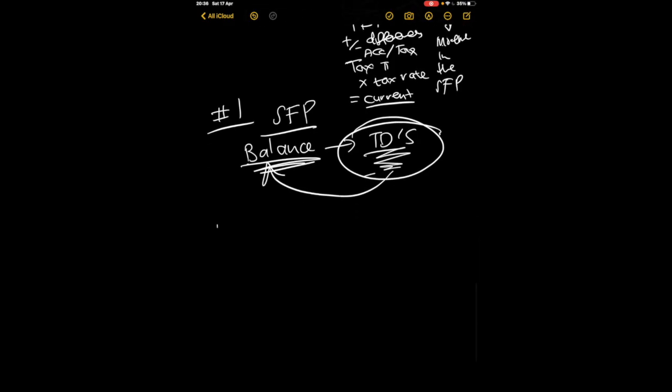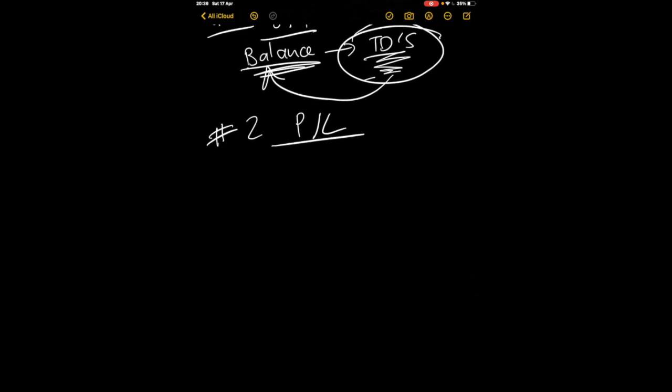The second disclosure would be our profit or loss disclosure. So in profit or loss, what do we have? We have our major components, which are our current tax and our deferred tax.